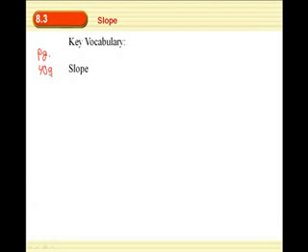Key vocabulary is slope. Slope is a non-vertical line. Vertical means straight up and down.